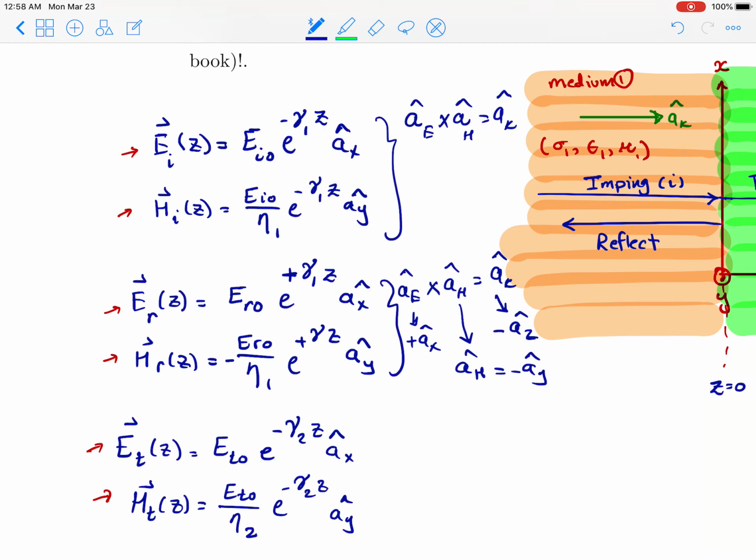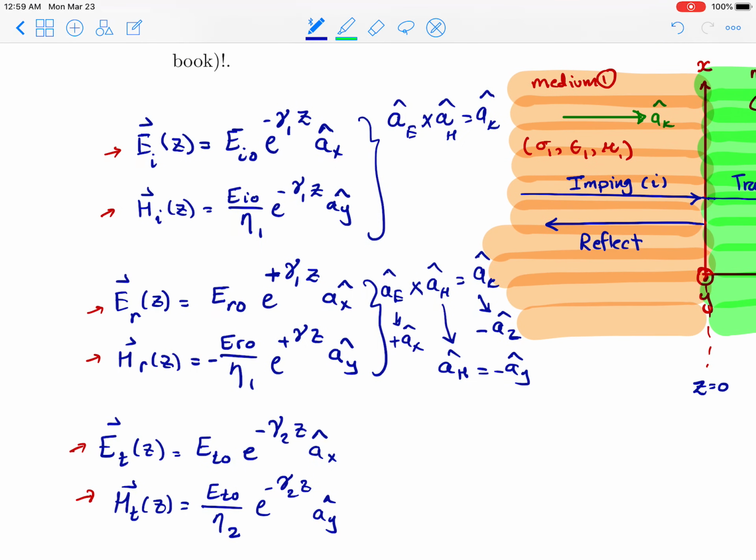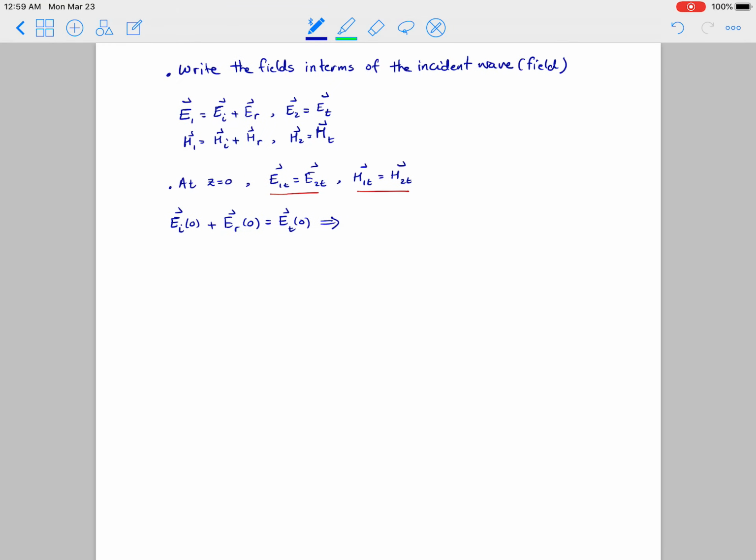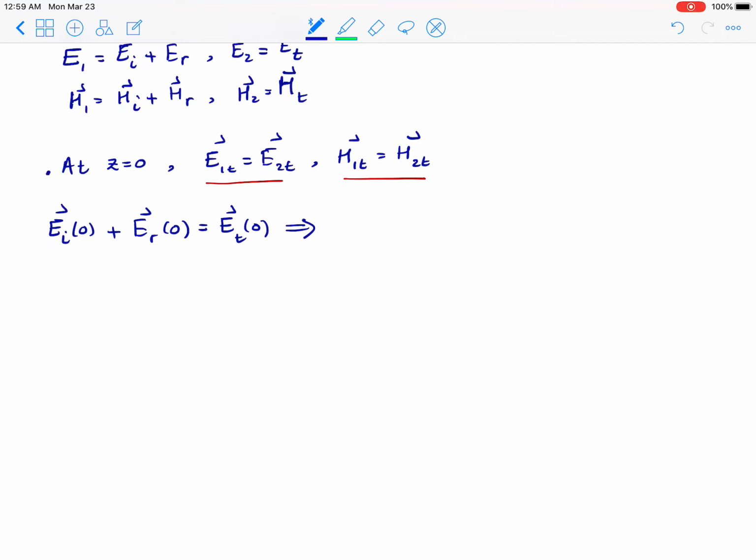Similarly, if we substitute z equals 0 in the reflected part, we get E reflected naught. And finally, if we substitute z equals 0 in the transmitted part, we get E t naught. So this simplifies to E incident naught plus E reflected naught equals E transmitted naught.